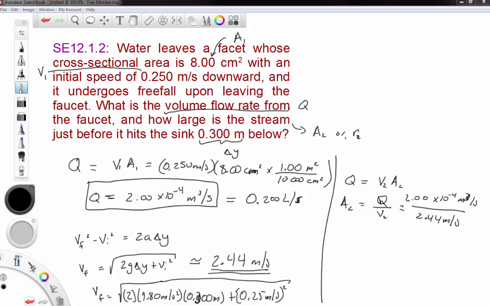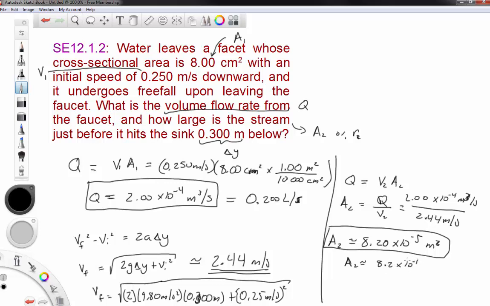That gives us an area of a little over 0.8 times 10 to the minus 4, in other words, 8.20 times 10 to the minus 5 meters squared. This is the area. It could be converted into square centimeters, so this is also equivalent to 8.2 times 10 to the minus 1 centimeters squared. That can also be used to determine the radius of the stream as it's hitting the sink, if we wanted that.